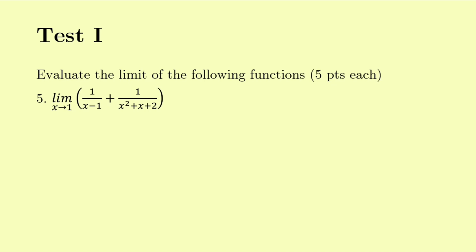Is x squared plus x plus 2 factorable? X squared plus x plus 2. Factors of 2 which have a sum of 1. Is it factorable at all? The only factors here are 2 and 1.